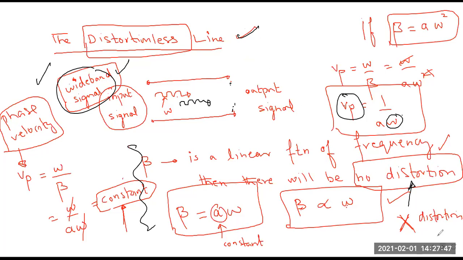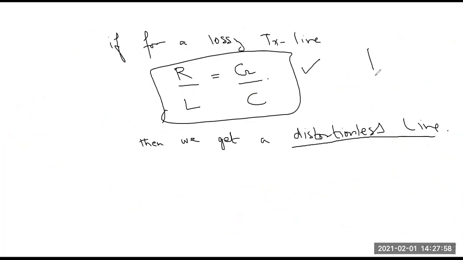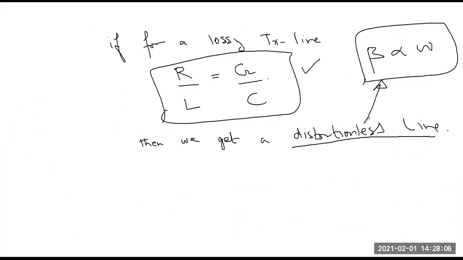So let's find out, with this propagation constant, if we can prove that under this condition beta is a linear function of frequency, then it will mean that we are having a distortionless line. Okay, so let me prove this.